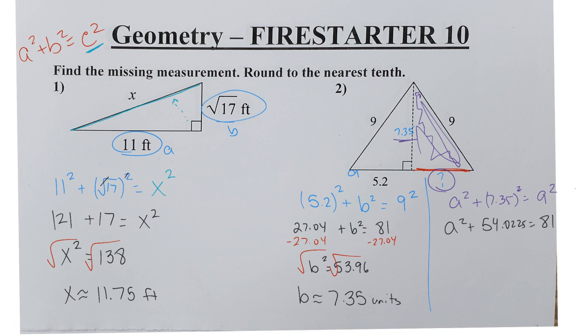Equals 81. I minus 54 from both sides. So I end up with A squared equals 26.9775.